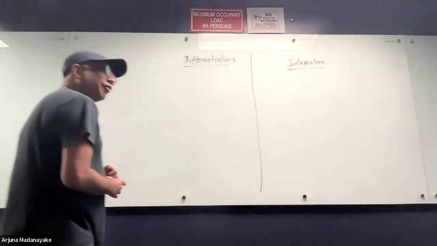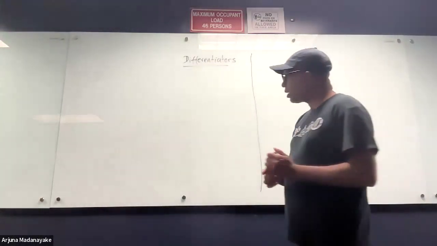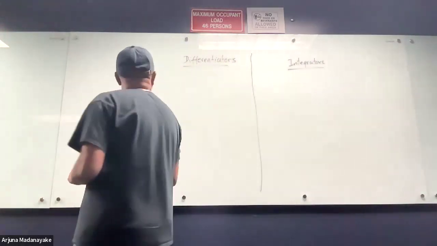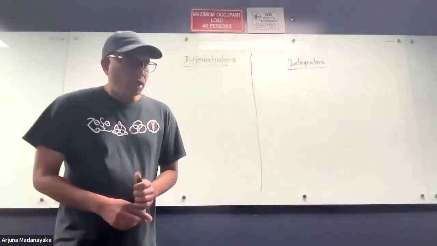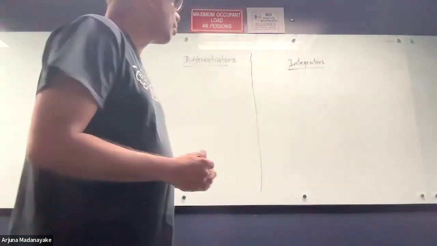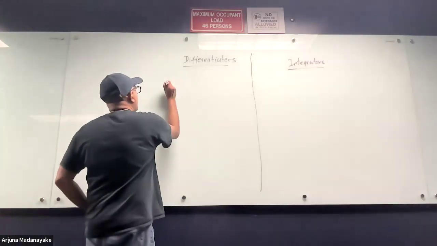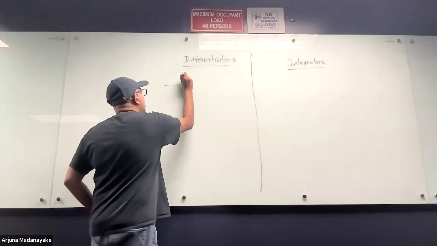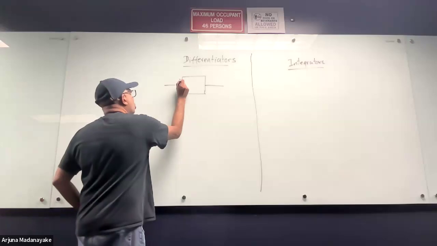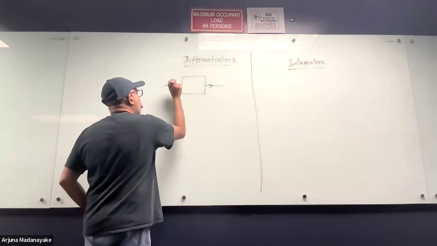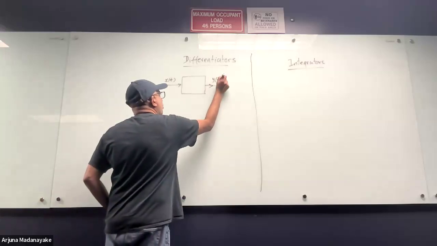We know that differentiation and integration are basic calculus operations, right? And it turns out that we can implement both differentiation and integration as circuits and systems and have them operate on signals. So let's say we represent the differential operator. It's a system which takes one input and one output. Input is x of t, output is y of t.